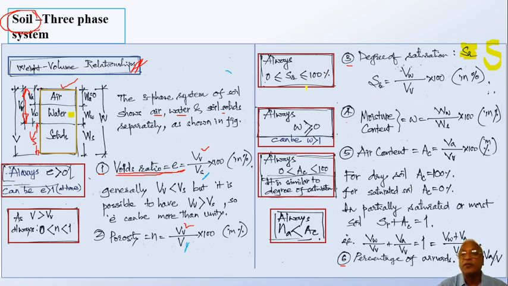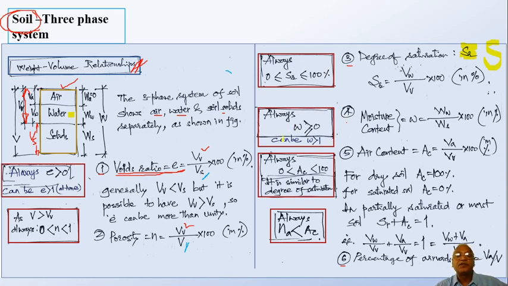So in most moist soils, SR will be greater than 0 and less than 100%. So that is degree of saturation, again expressed as a percentage.